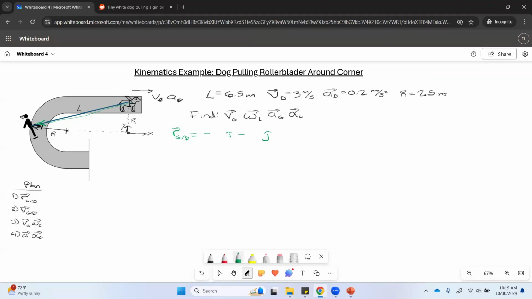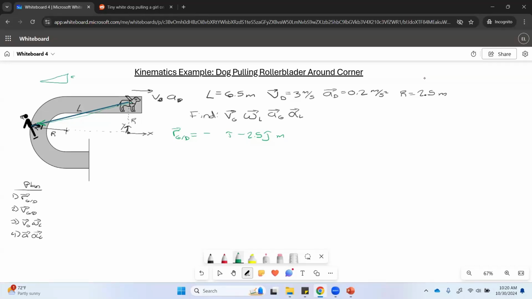So that is going to be 2.5 meters. And then in the I hat direction, we can either find that x coordinate by using the Pythagorean theorem or the distance formula with L and R, or we can recognize that this is actually a special triangle. So we've got a 5, 12, 13 triangle.